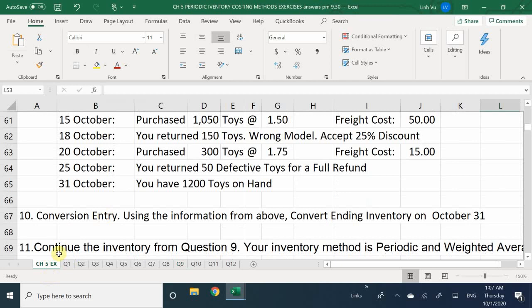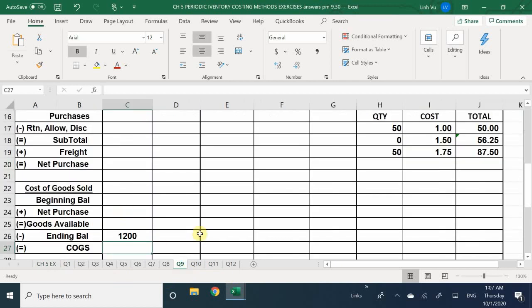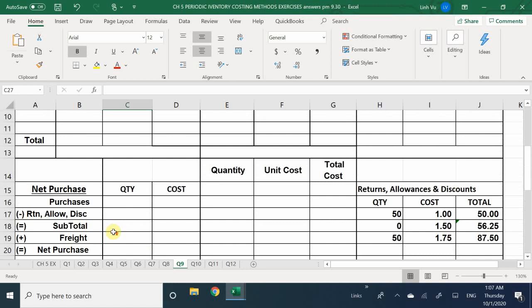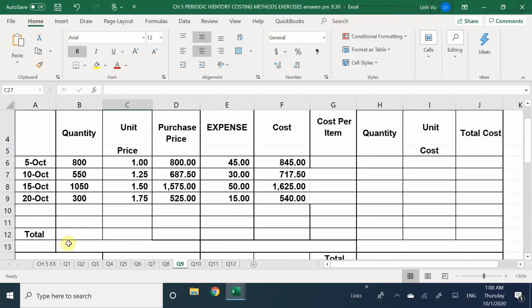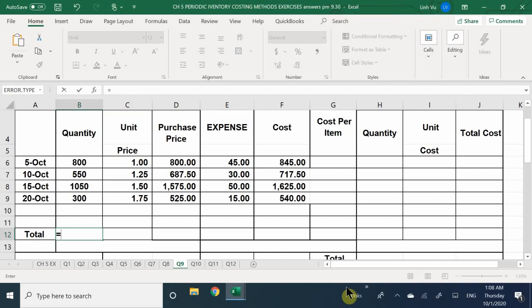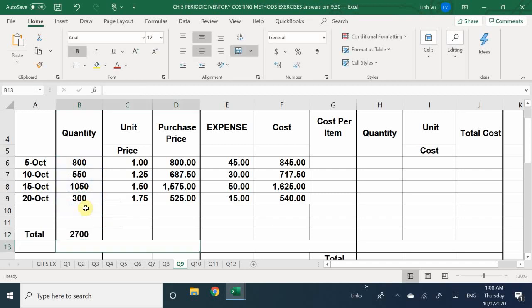Now that we've finally reached the end of our periodic table, let's calculate our totals for the inventory. Equal sum, and it's going to be for this amount. So we have a total of 2,700.